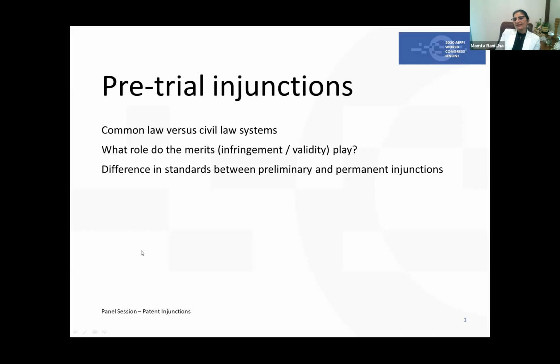So at a prima facie stage, if the defendant is able to show to the court that there is a credible challenge to the validity of a patent, then the court will probably not go into the next limb, which is balance of convenience or irreparable injury. Or in other words, if the patentee is able to establish that it has a strong patent and there is a clear-cut infringement, then alone the court will move into balance of convenience or irreparable injury.